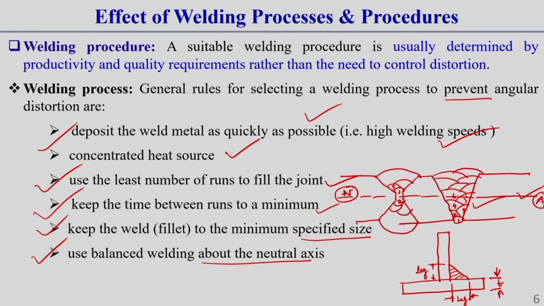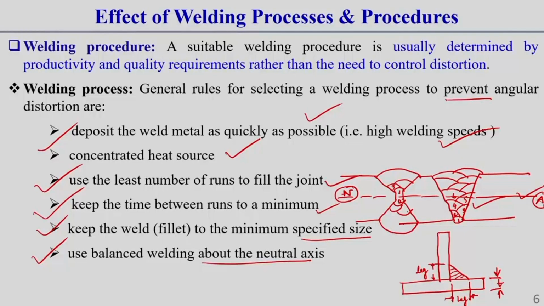If these two forces are equal, then your deformation will be minimized or nullified. So, once we can balance this shrinkage force on the top and bottom side, we can minimize the residual distortion, correct. That is also possible once we do the welding about the neutral axis in a balanced way.